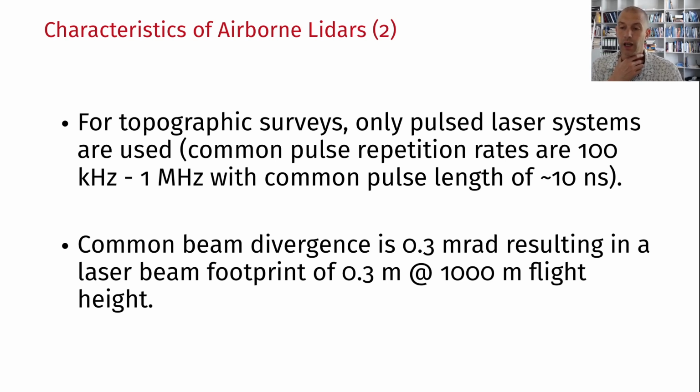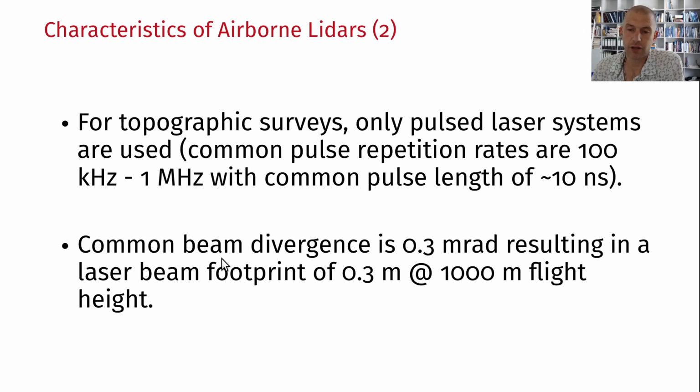These have repetition rates of roughly 100 kilohertz, or in the newer models 1 megahertz, which means that you're sending off a million points per second, and you're measuring a million points per second being returned. That's quite a dense point cloud that you can generate this way, and these are the modern systems that exist.